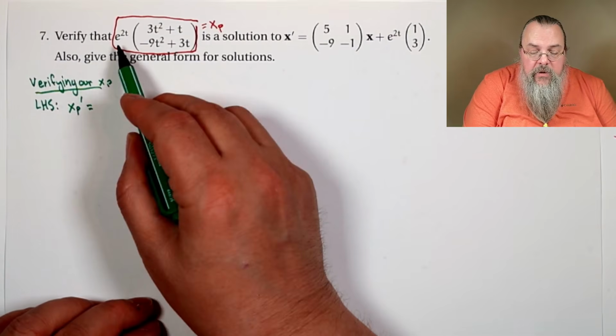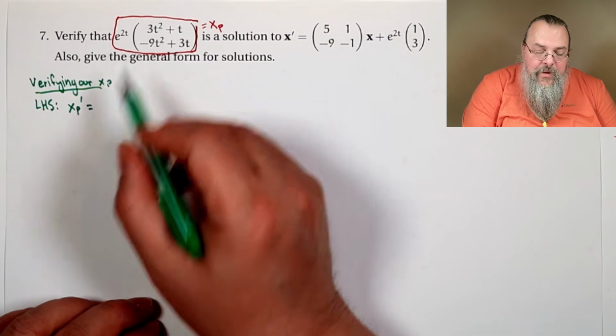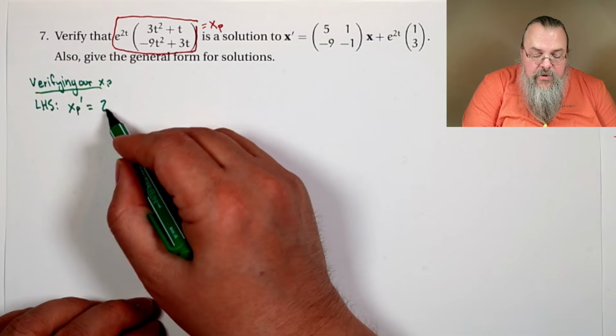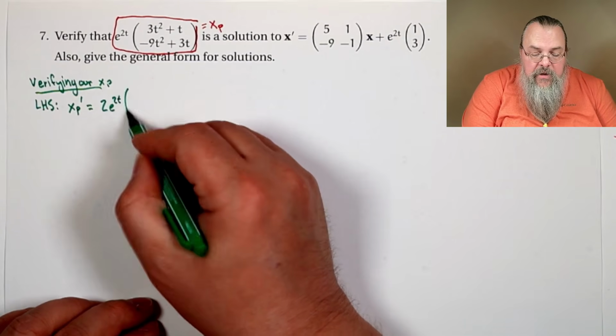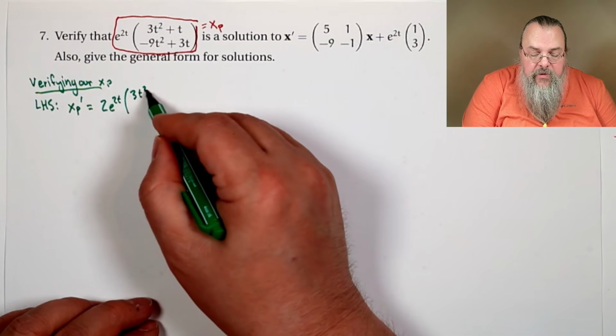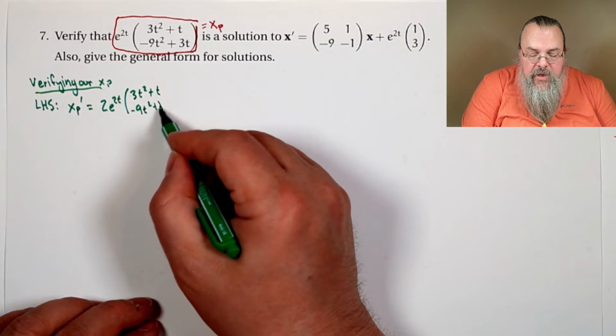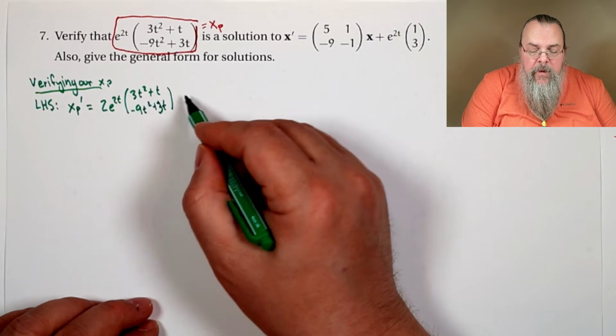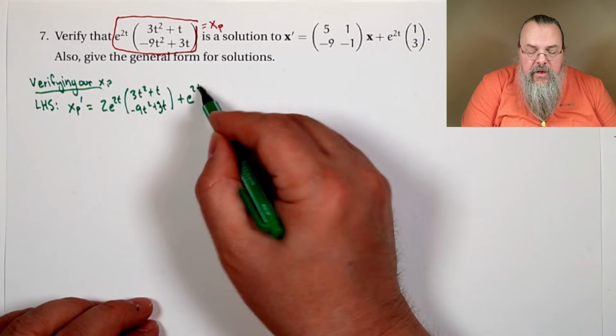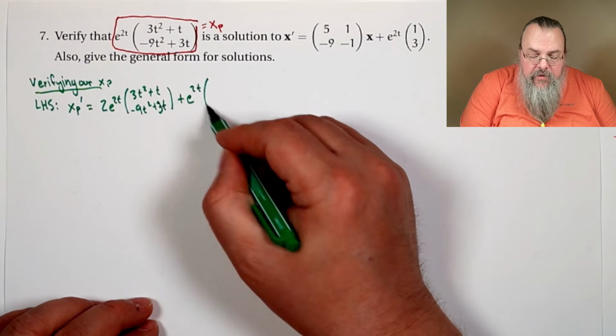And, okay, so, well, it's a product rule. So we get the first, 2e to the 2t, times the second, 3t squared plus t, minus 9t squared plus 3t, plus the first, e to the 2t, times the derivative of the second.